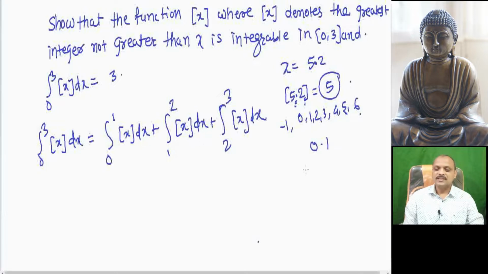Then if my x is 0.1, then minus 2, minus 3, 0, 1, these are the integer values very close to 0.1, and I have to choose the greatest integer. I cannot take 1 because it is greater than 0.1. The greatest value not greater than 0.1 is 0. Similarly, if x is 1.2, then the greatest integer value not greater than 1.2 is 1.